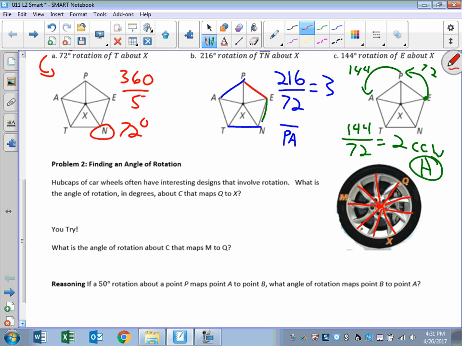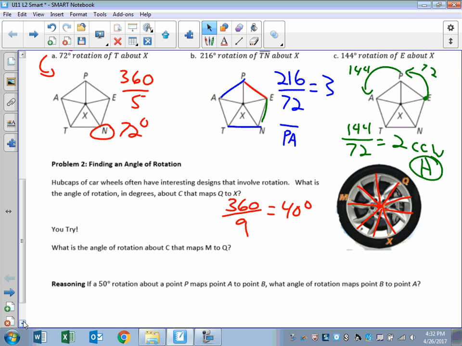Okay, so if we wanted to get from Q to X, to figure out how much each one is, we would do 360, which is our total, divided by our 9 triangles, and we would get 40. So now the question is to move from Q to X, and remember it doesn't say clockwise, so we're going to go in a counterclockwise direction. How many jumps are we going to have to make?